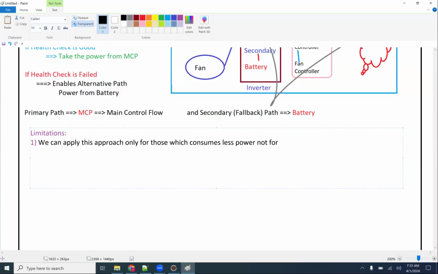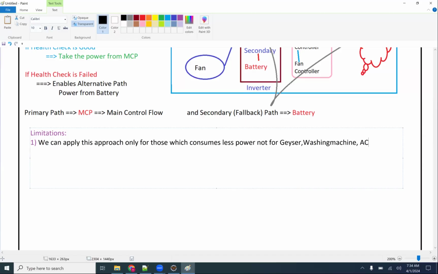Not for geyser, washing machine, AC. Sir, inverter AC is different, sir. Don't compare inverter AC. Okay? ACs, we cannot apply. Can I apply this to all the electrical equipment in my home? Can I apply this inverter for all?